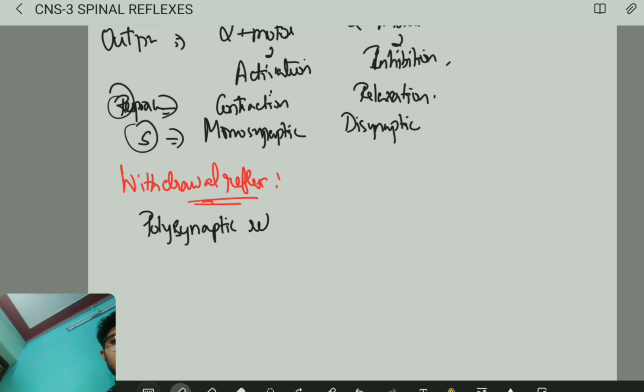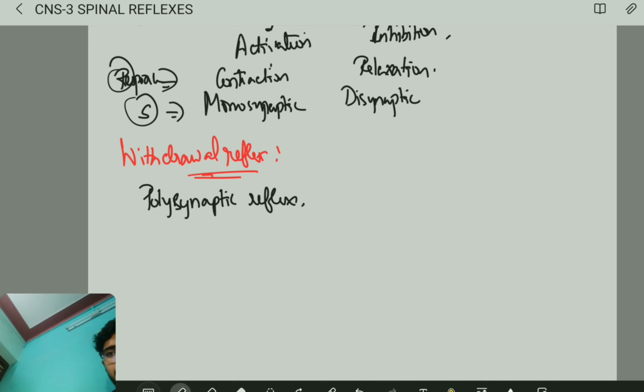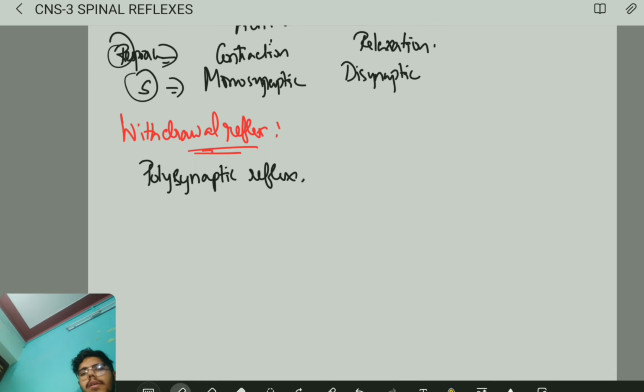We have a lot of synapses. Now let me give an example: when I give a pinprick on the right foot, so on the right foot I am giving you a pinprick.